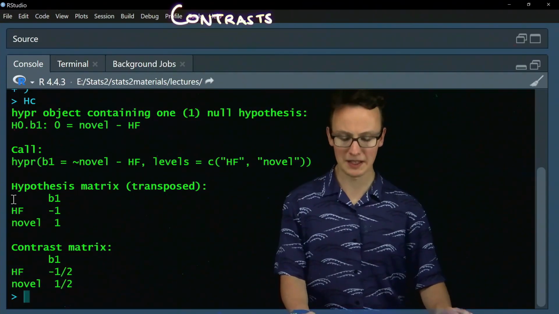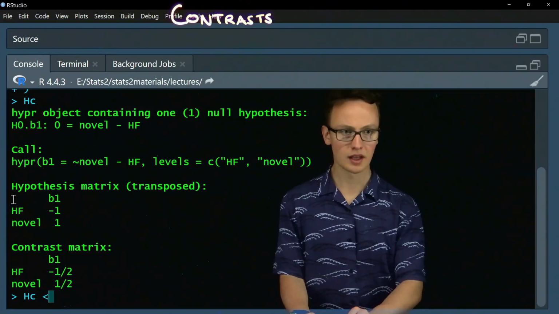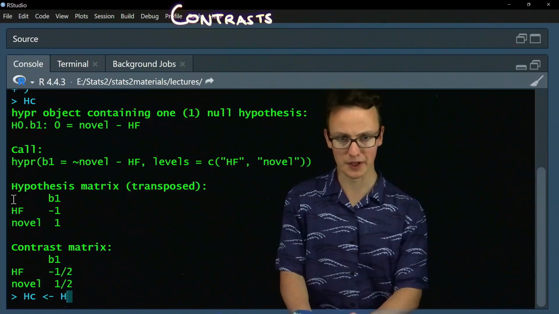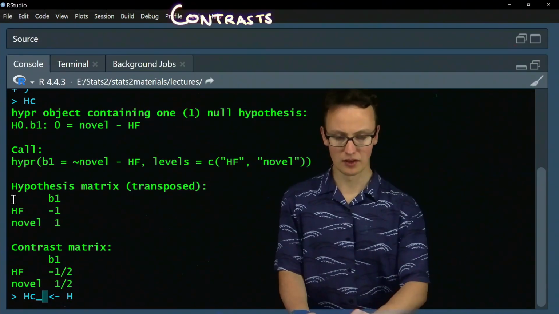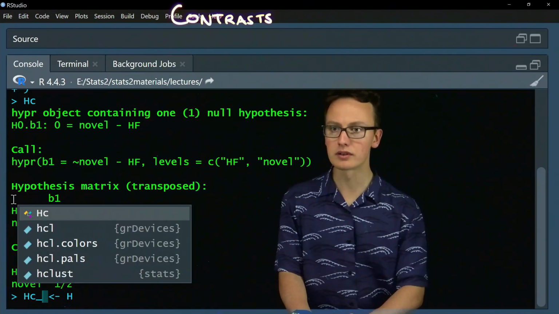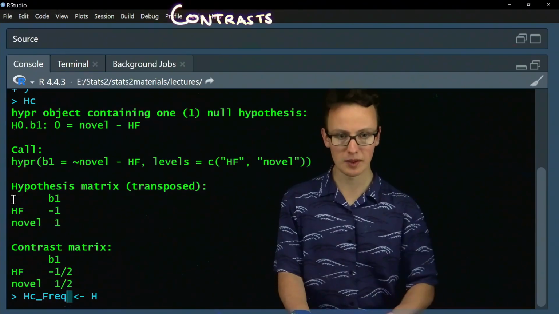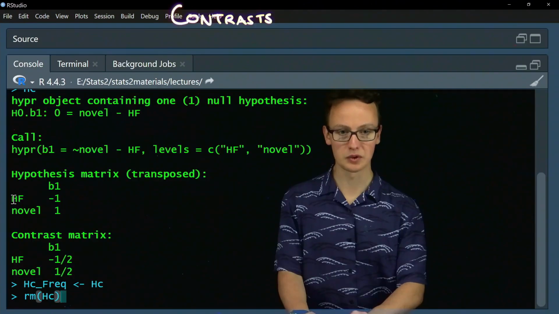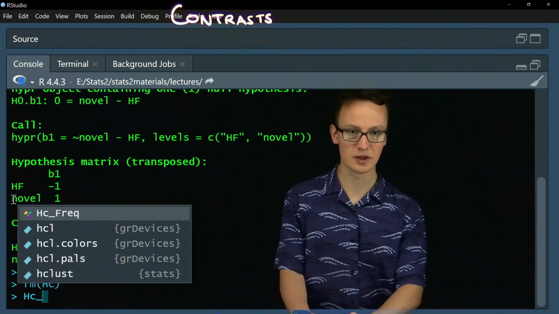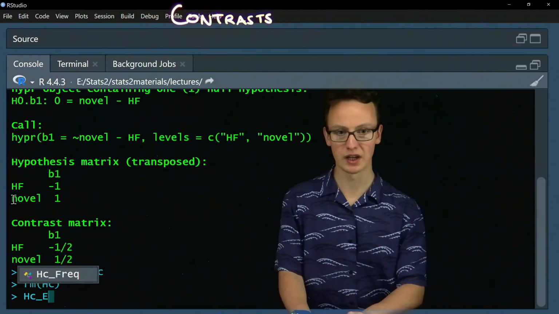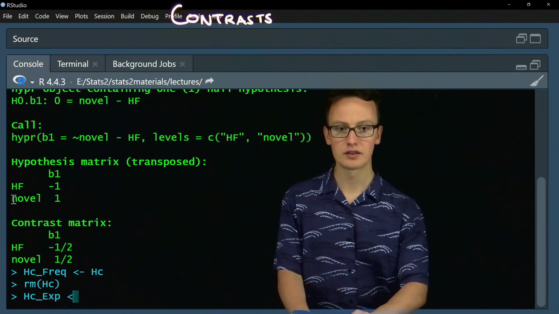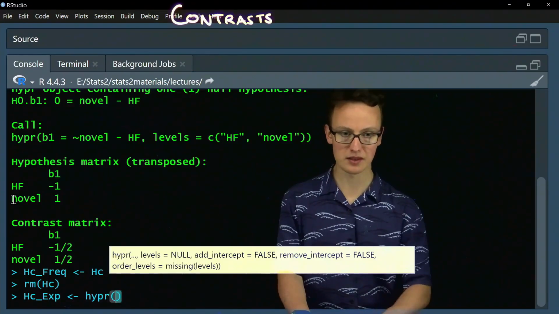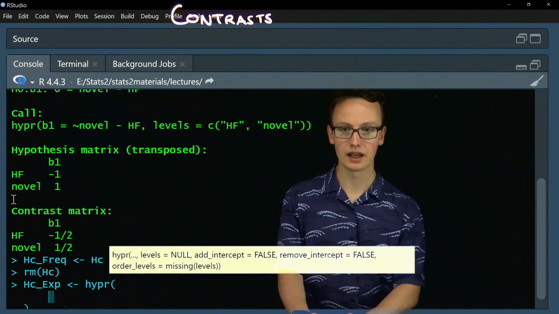Now, actually, maybe let's save this hypothesis matrix object in a new variable called HC frequency, so that we can distinguish it from what we want to create now, namely the hypothesis matrix for the exposure type, or training type. So we'll do that the same way. This is about our three-level vector.